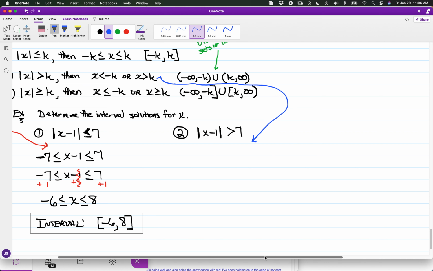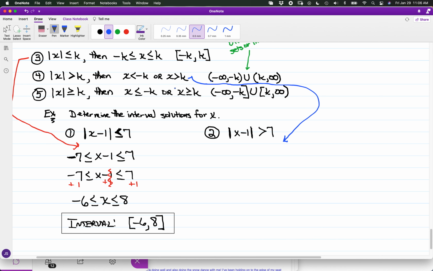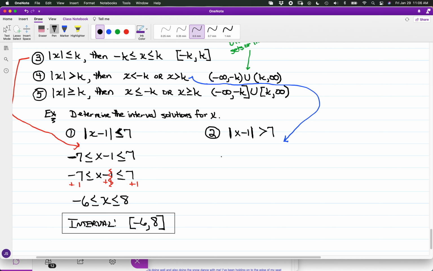Once we take the absolute value notation out, we're going to have inequalities that go in opposite directions. At the lower end, x is less than negative k, so x minus 1 is less than negative 7, and the other possibility, x is greater than k, is represented by x minus 1 is greater than 7.